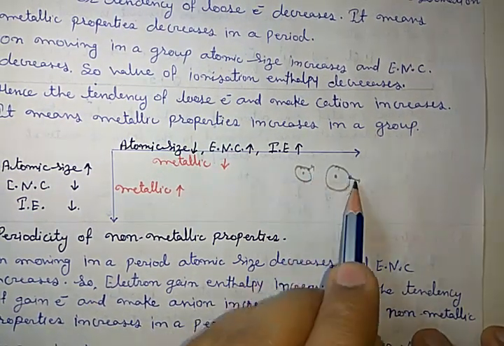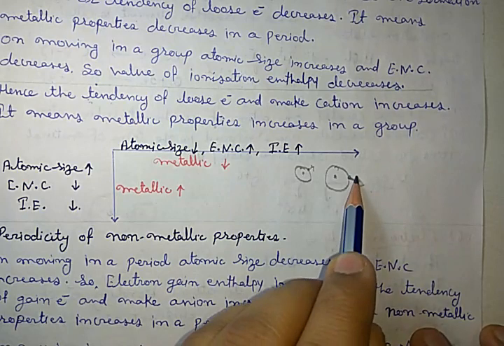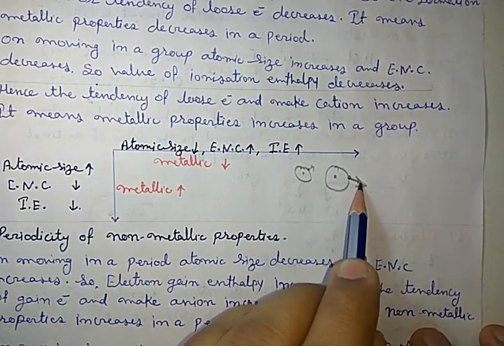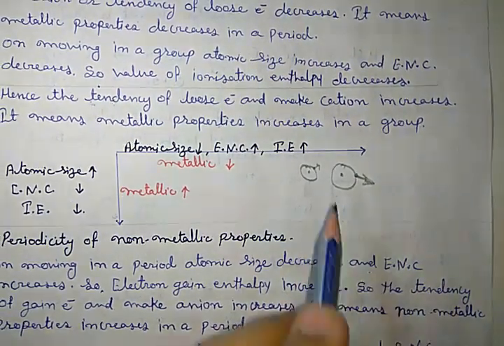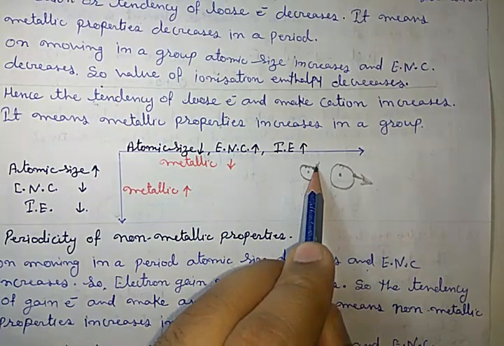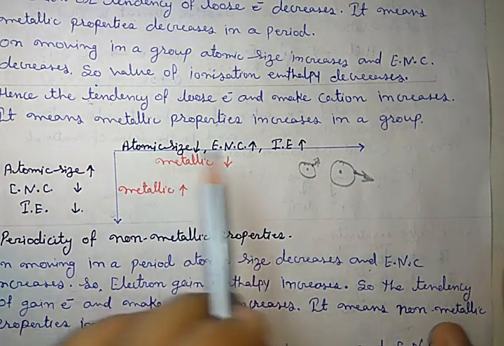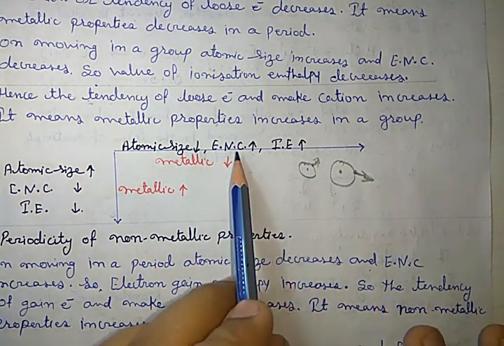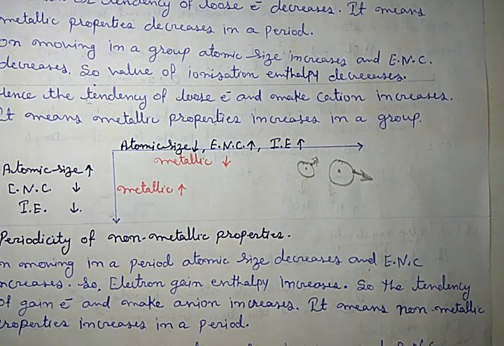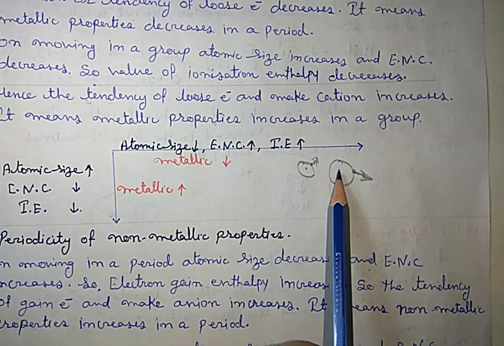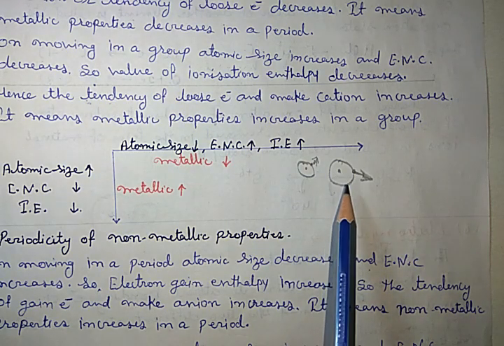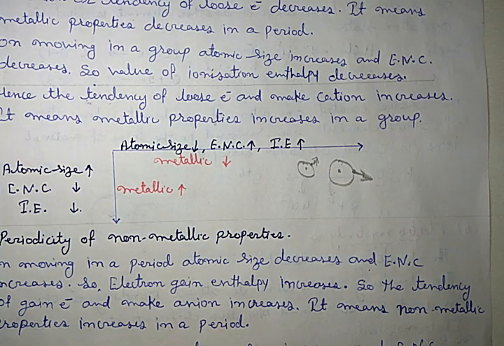So removal of an electron from a larger atom will be easier, while removal from a smaller atom will be difficult. First thing is atomic size. Second is effective nuclear charge. As you know, when the size increases, the effective nuclear charge decreases.